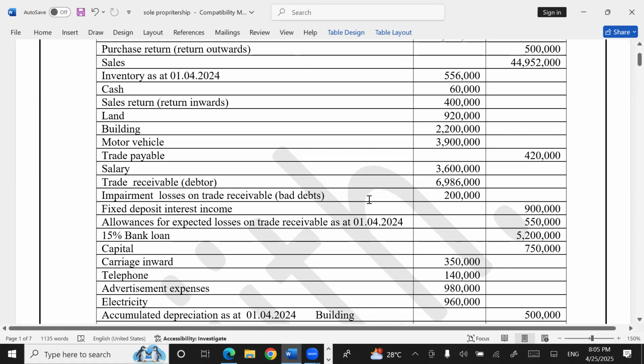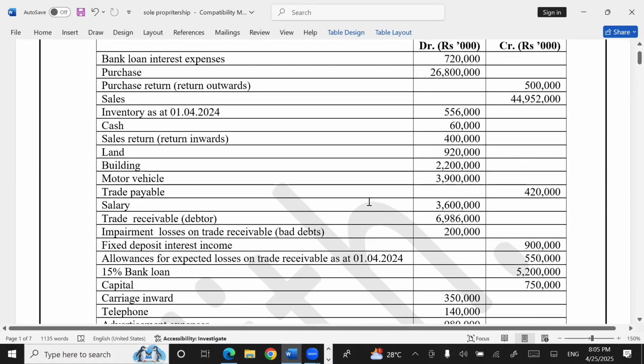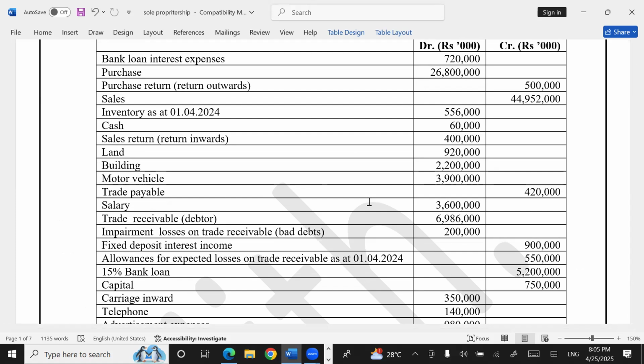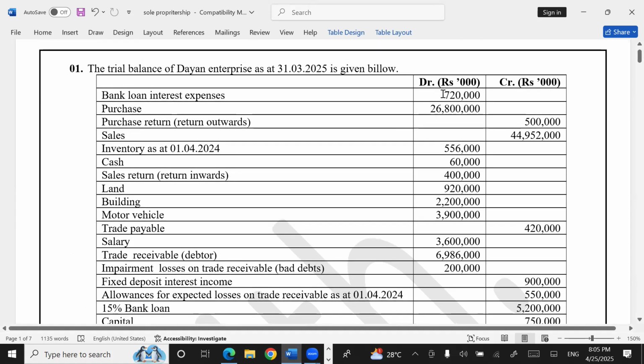It has given big values, therefore values can be disclosed in millions. I'm going to discuss this example with values in millions.